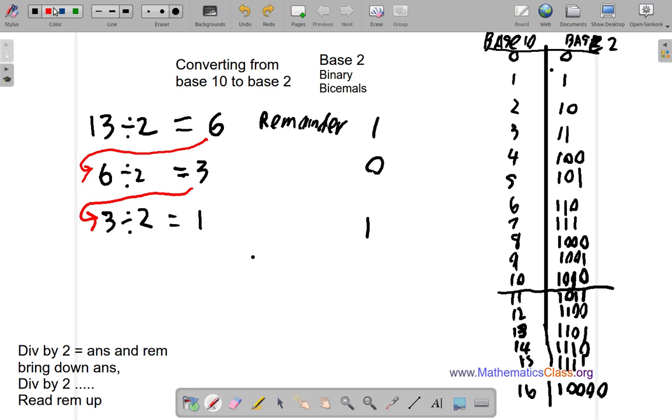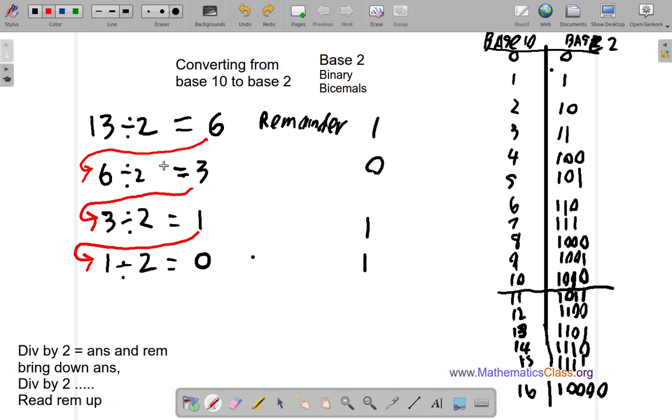I wonder at what point we're going to stop. Are we going to just go on and on forever? Let's see. Bring down the answer 1, divided by 2. Well, 1 is smaller than 2, so you put a 0. What's the remainder? The remainder is 1.